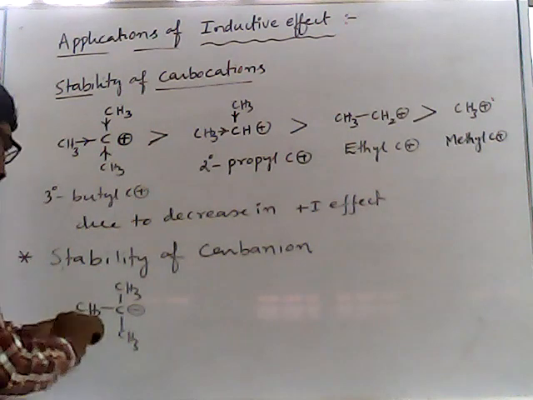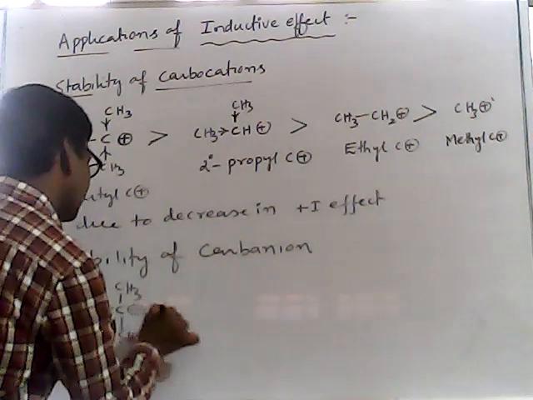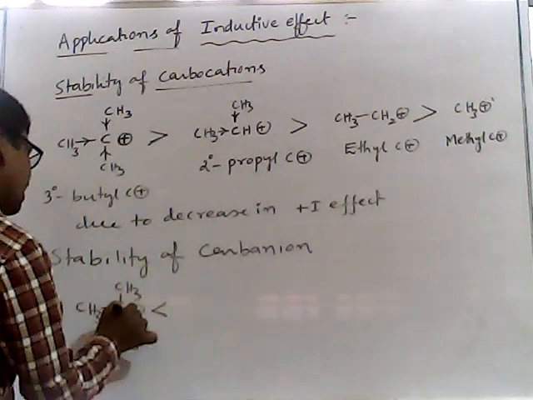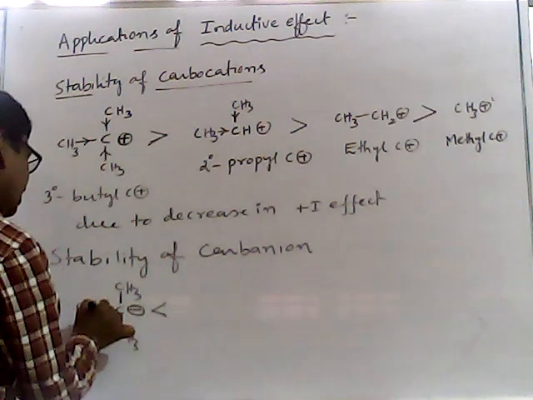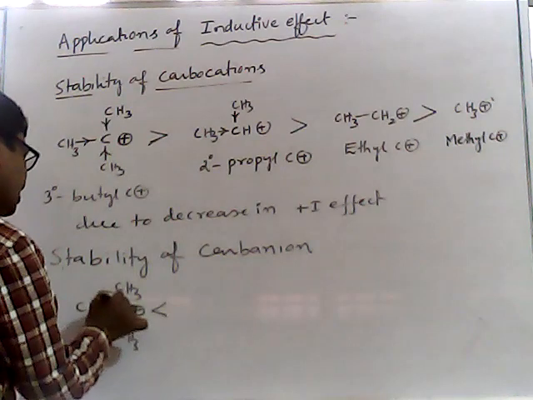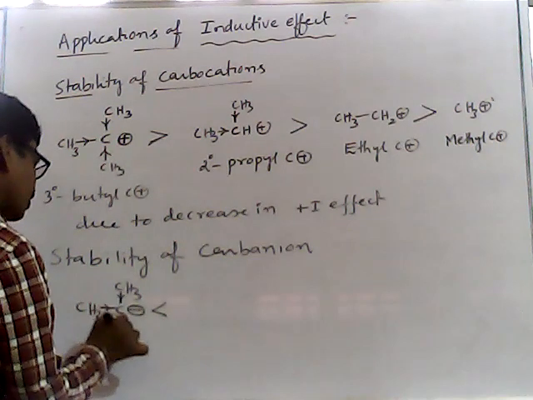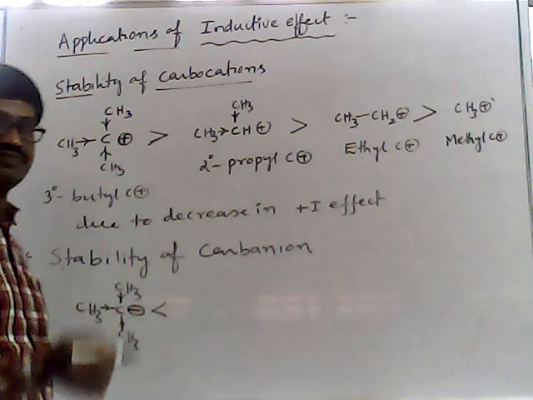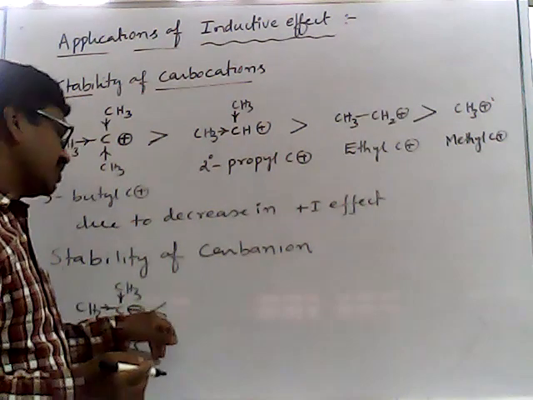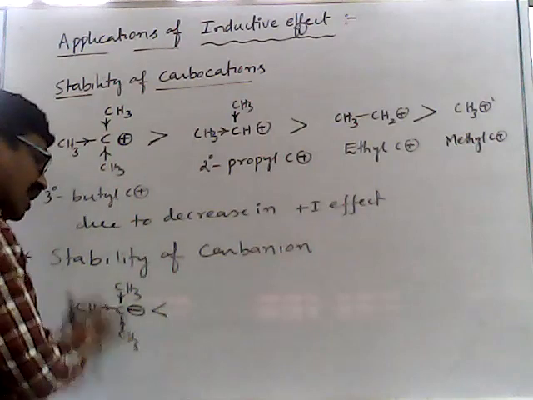Why is it very less stable? Because the negative charge is on carbon and the alkyl groups are generally electron releasing groups. So whenever electrons are released to this negatively charged carbon, there is more electron density, meaning negativeness increases, so that it gets more and more unstable.